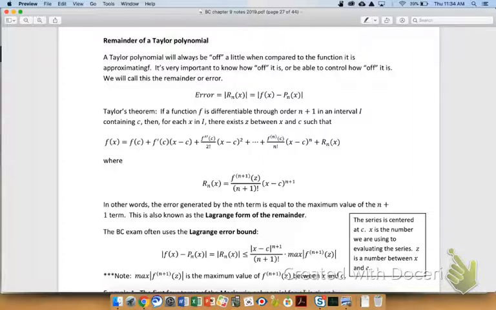Okay, so let's start on some stuff that we can maybe agree on because we've seen this before. Would you guys agree with me that this is an expression for error? Remember, the way that you find error is you take the actual value and you subtract your approximation, and that's how you find how far off you are.